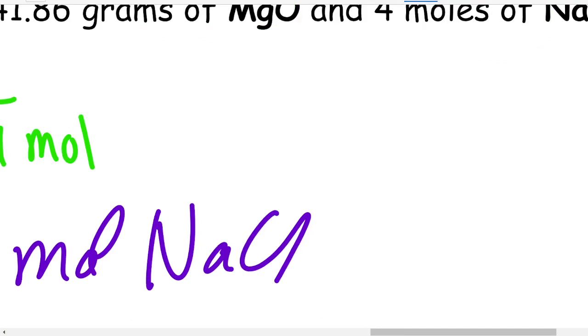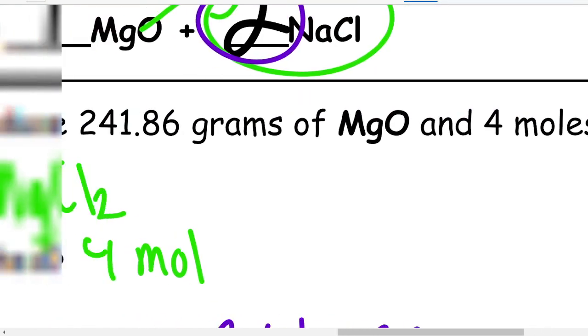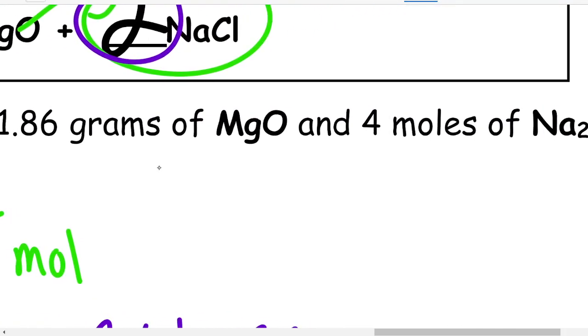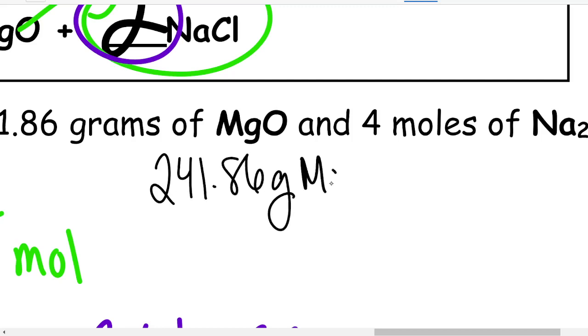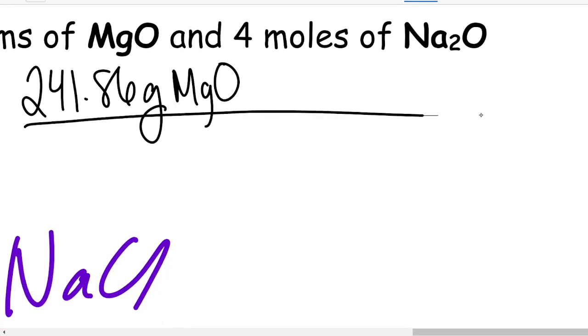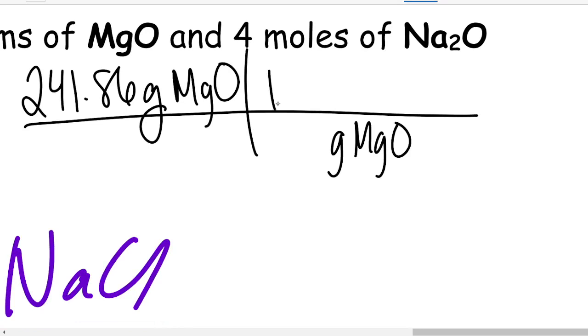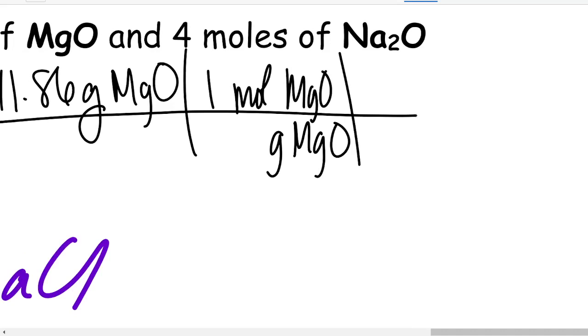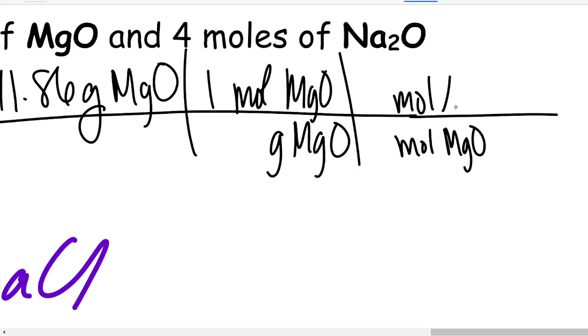If I were to take 241.86 grams of magnesium oxide, because that's one of my products that was formed, I can take grams of magnesium oxide down to the bottom and 1 mole of magnesium oxide to the top. Keep going in your T-chart, so bring down moles of MgO and put moles of NaCl at the top.